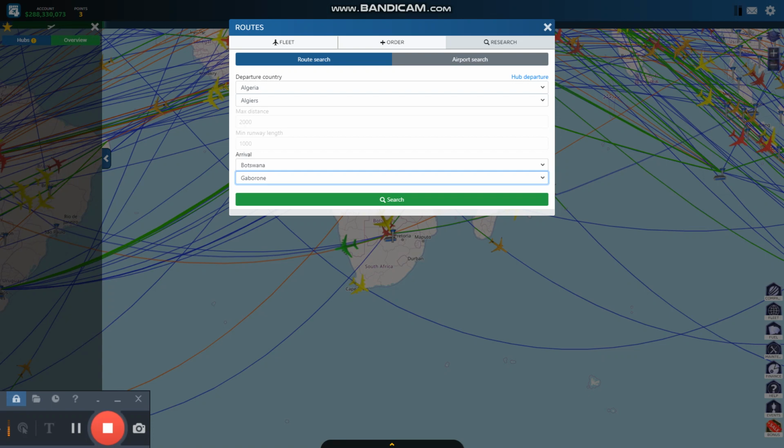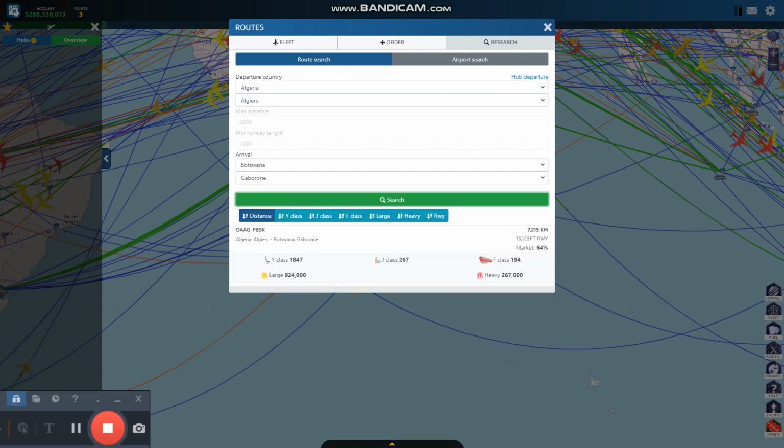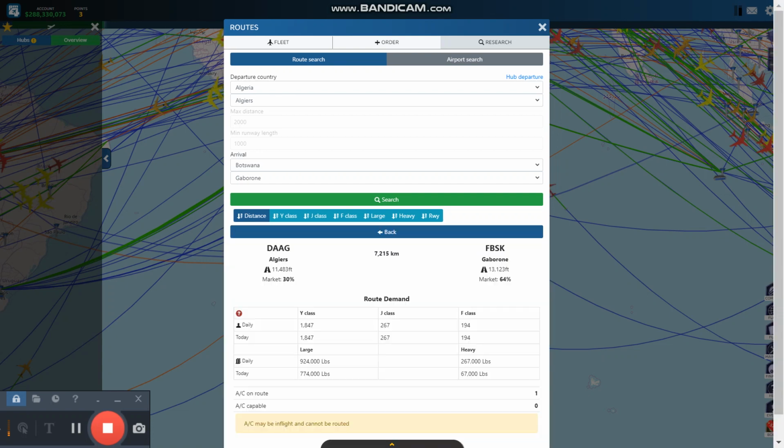Then I showed you different numbers from Botswana to Algeria. And then we went to Algeria and we saw a third set, which was like 440,000 and 770,000. What do we see? 924 and 267. And notice today, what I already transported is the same as when I did the reverse route, when I did Botswana to Algiers.